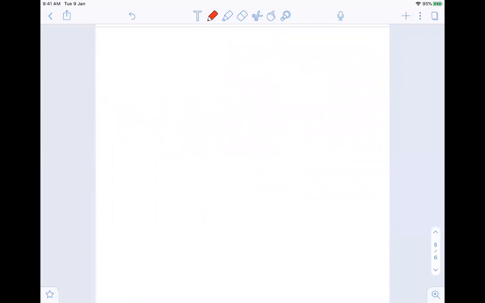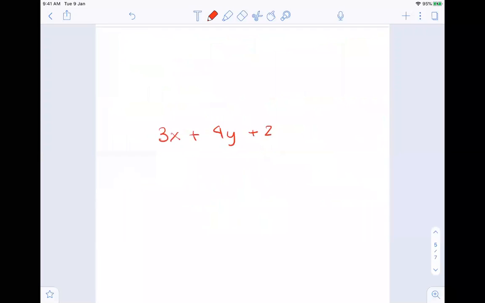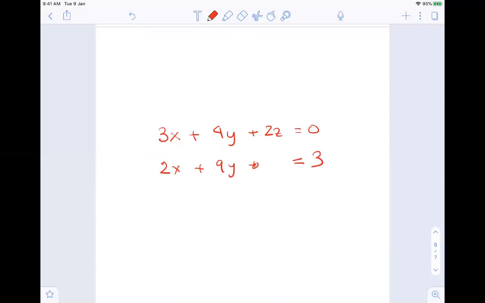Have you done things like 3x plus 4y plus 2z equal to 0, and 2x plus 9y equals 3, and x plus y plus z equals 1?